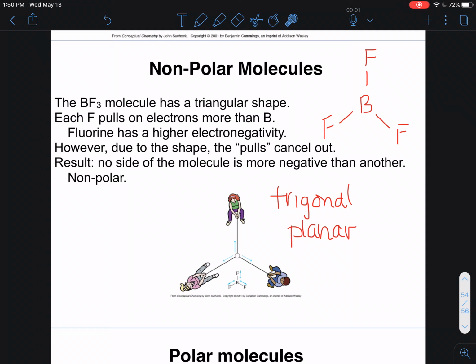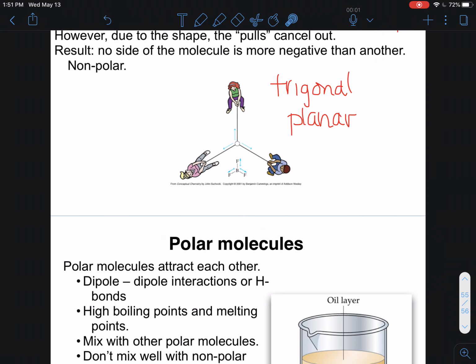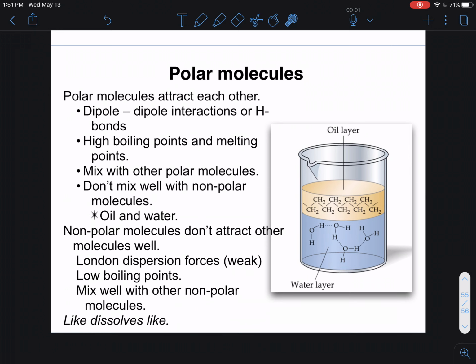What will happen is these guys are pulling in equal and opposite directions, and ultimately there's no net change, okay? Nobody's going to be pulling any stronger. There's not going to be any uneven distribution of this rope anywhere along this line, okay? So again, shape has a lot to do with whether or not a molecule is polar.